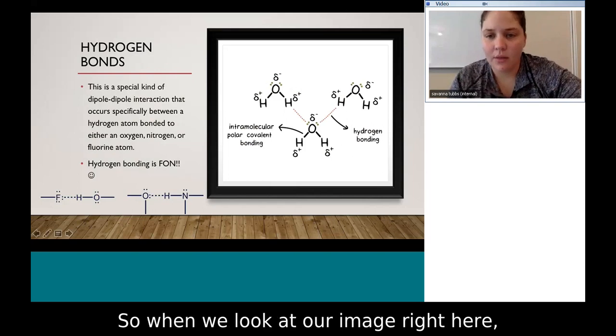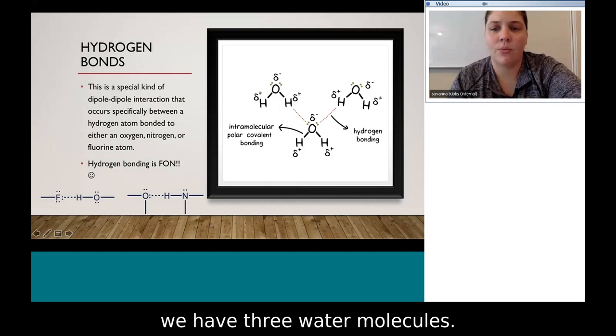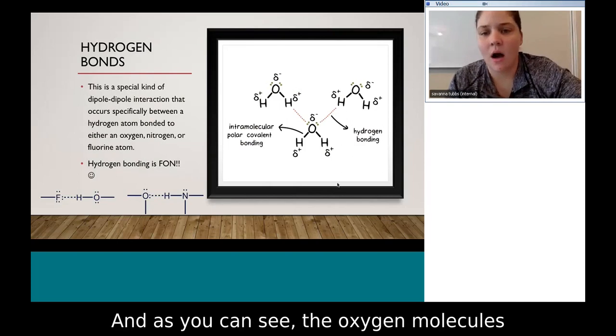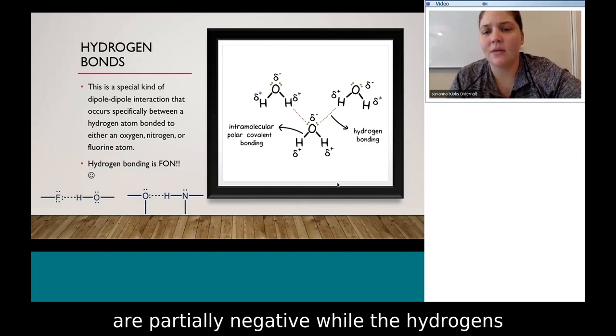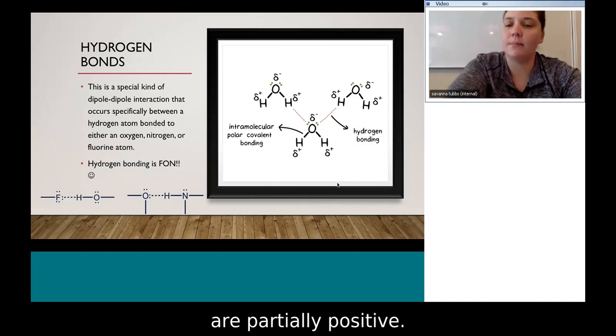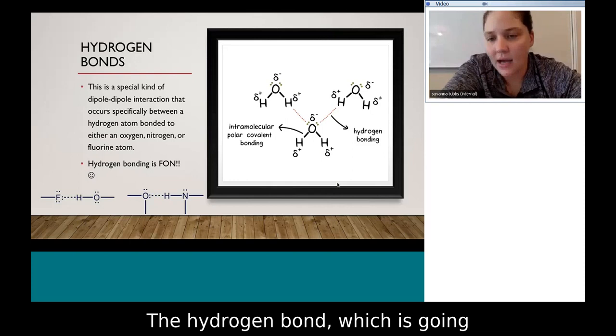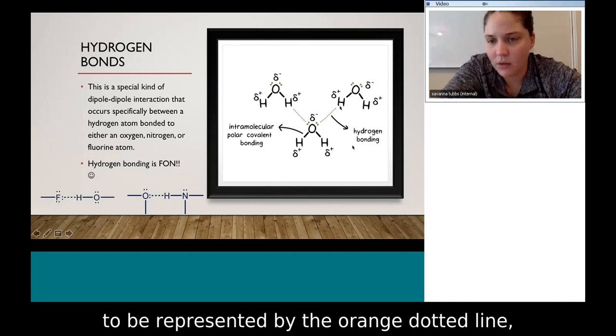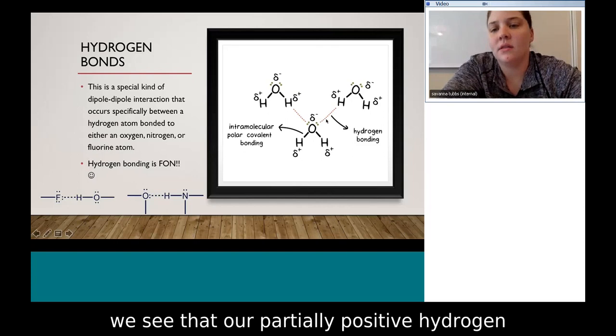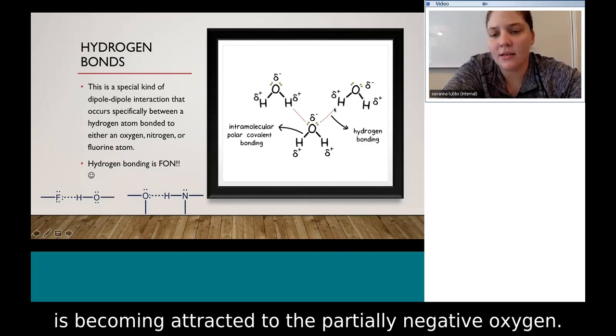When we look at our image right here, we have 3 water molecules, and as you can see, the oxygen atoms are partially negative, while the hydrogens are partially positive. The hydrogen bond is represented by the orange dotted line, and we see that our partially positive hydrogen is becoming attracted to the partially negative oxygen.